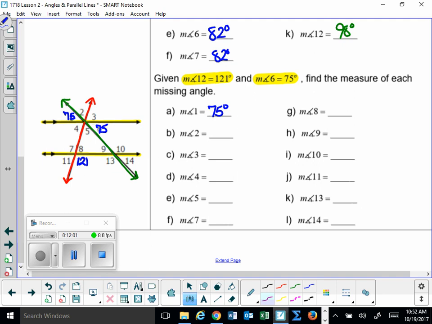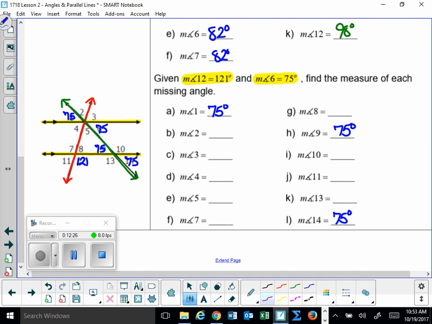Angle 6 and angle 9 are alternate interior, so angle 9 is going to be 75 degrees. 9 and 14 are vertical, so 14 is 75 degrees. I think that's as far as I can go with that.